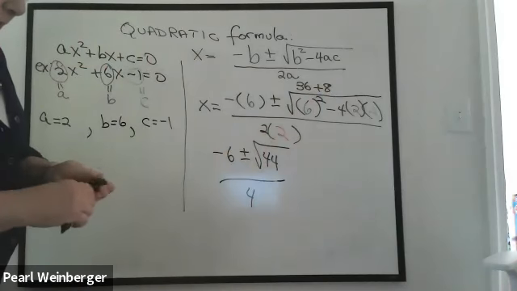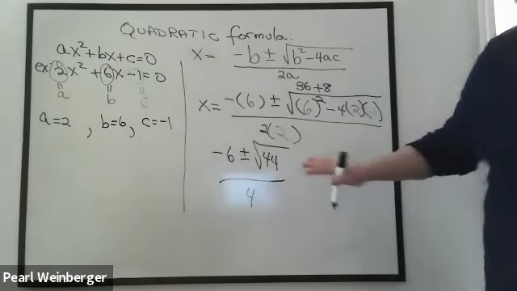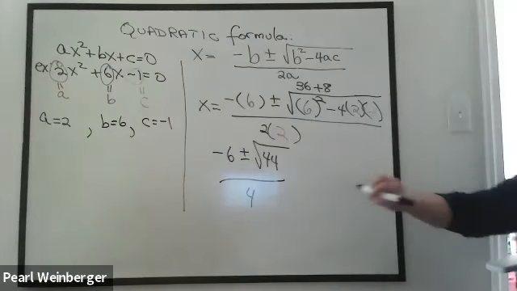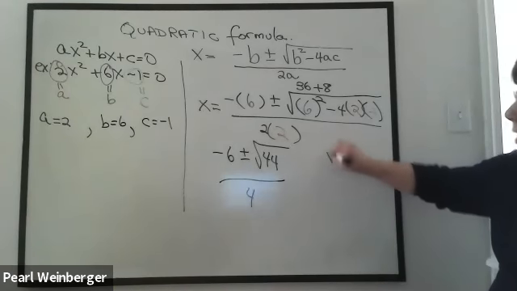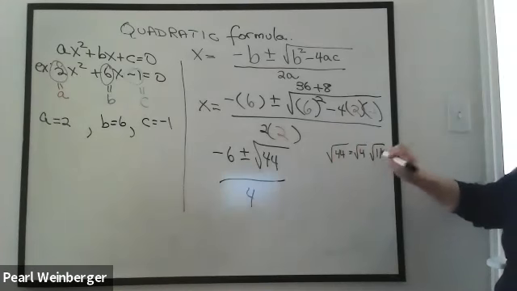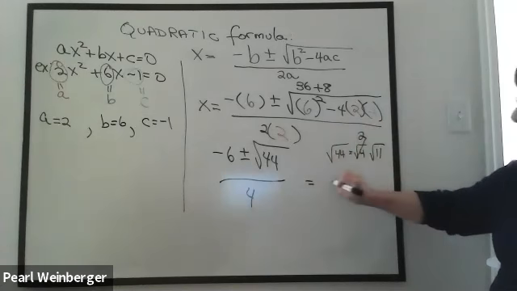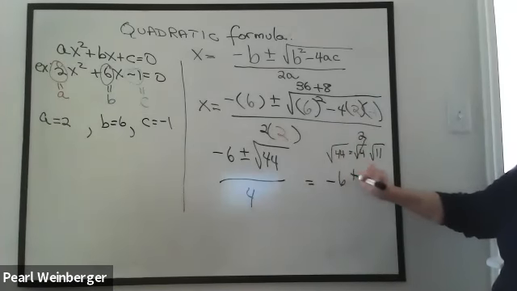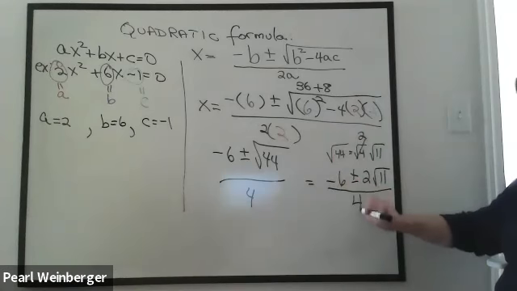And usually I'm really expected to simplify this. So first of all, the square root of 44 could be broken up into 4 and 11. So this will become -6 plus or minus 2 radical 11 all over 4.